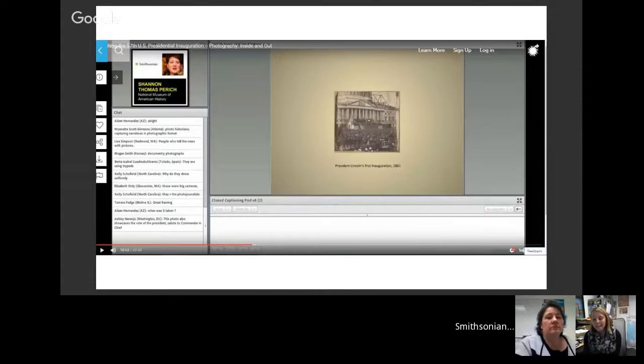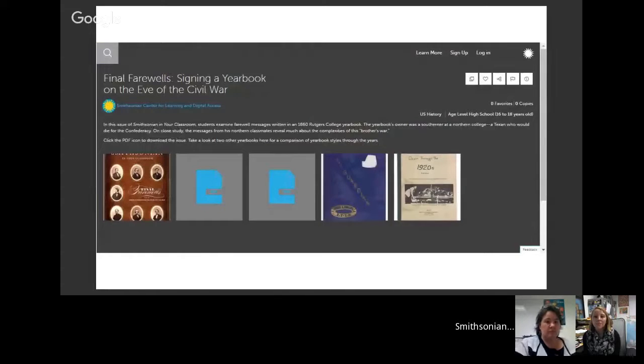And then finally, there's also a collection from a past lesson plan that we collaborated on, in which students can examine farewell messages written in an 1860 Rutgers College yearbook. What's interesting about this is the yearbook's owner was actually a Southerner at a Northern college, and so by closely examining these messages, students can understand some of the complexities of the Civil War.